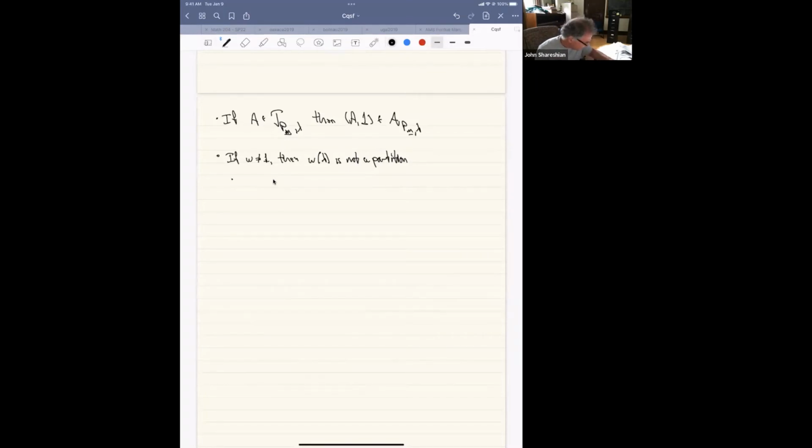Right? And therefore, if I take some W array, right, then this A here is not a legal tableau. So the legal tableaus all live here with the identity permutation.